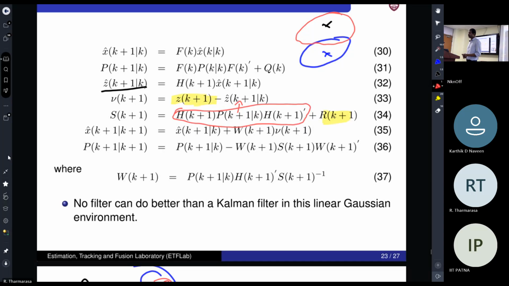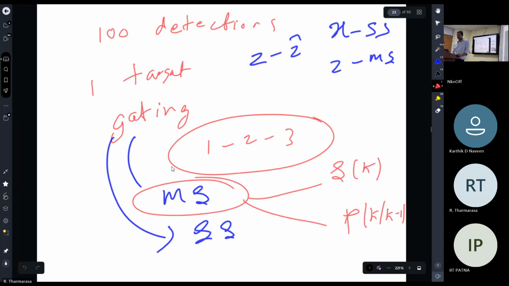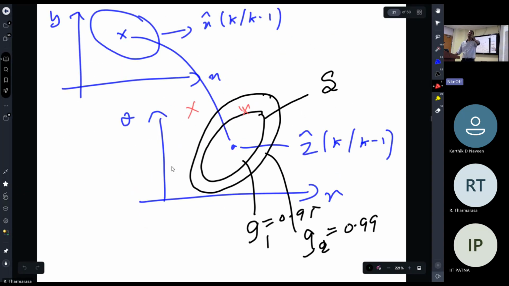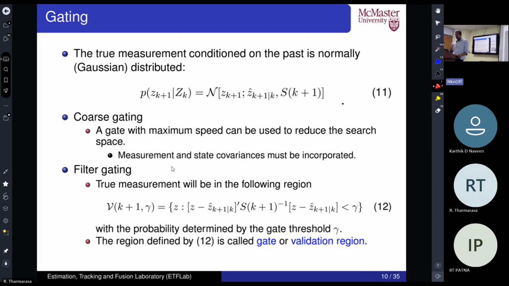Now if we go back to this, I think you have to clear your doubt somehow. The innovation is always in the measurement space, not in the state space. Okay.